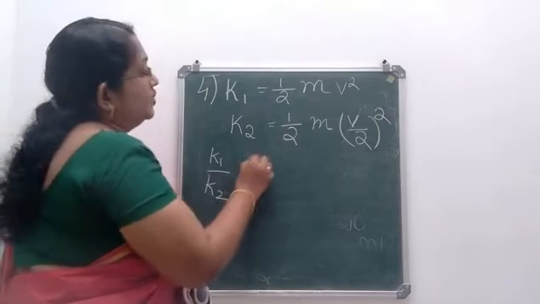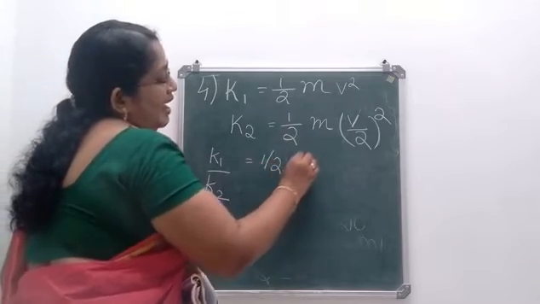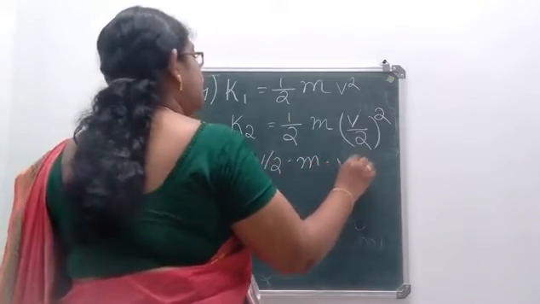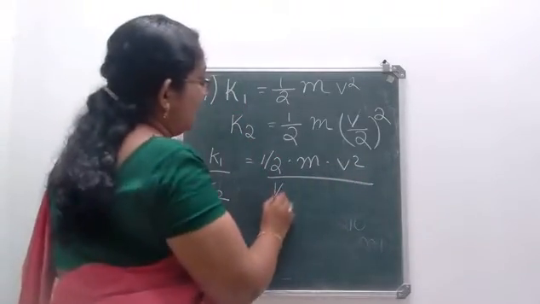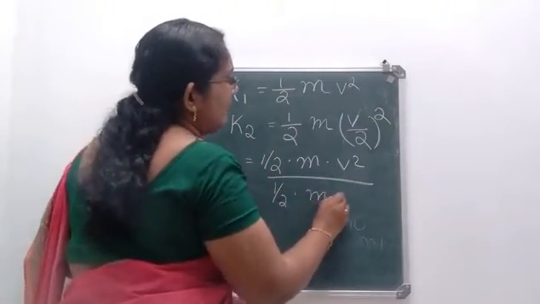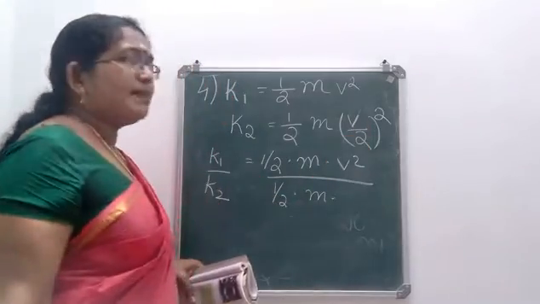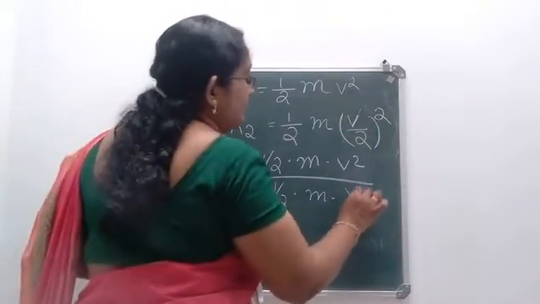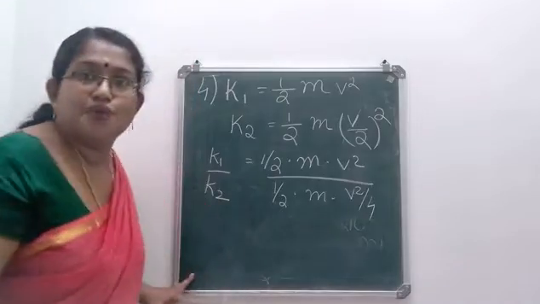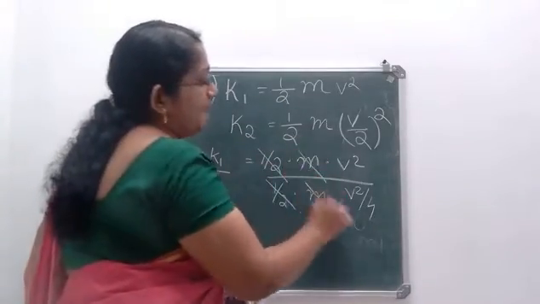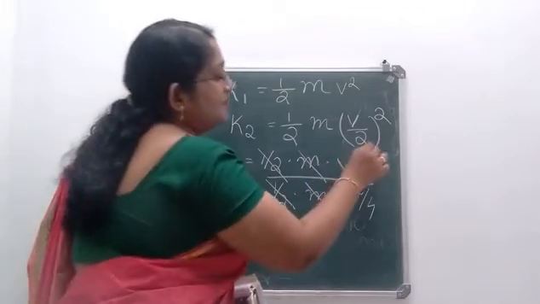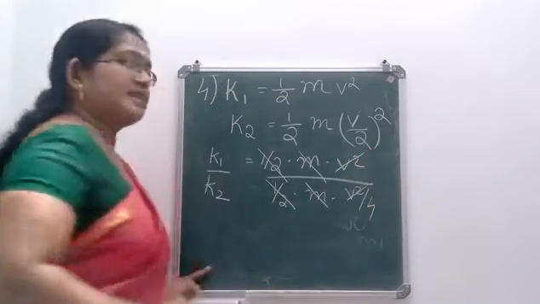K1 by K2 is equal to half into m into v square. This dot stands for multiplication. Half into m into, how much is v by 2 the whole square? It will be v square by 4. Half and half get cancelled. m and m get cancelled. v square and v square get cancelled.